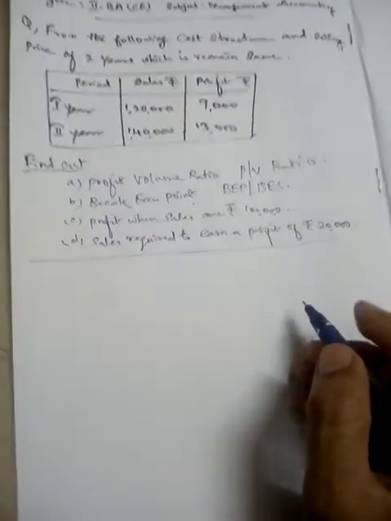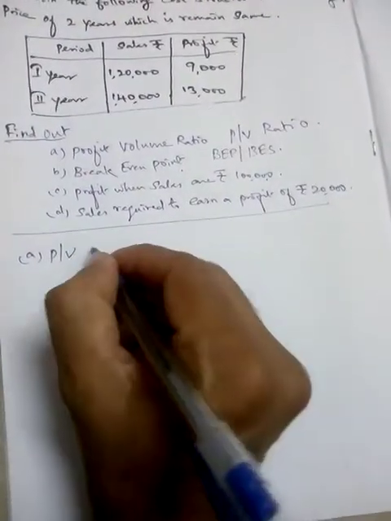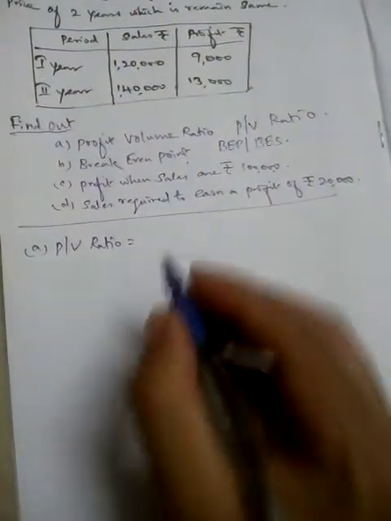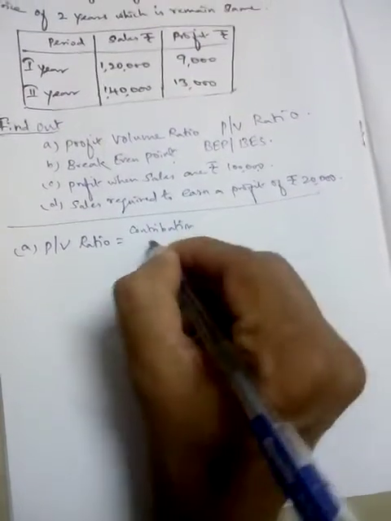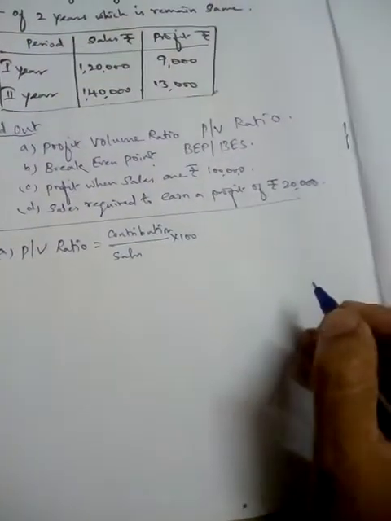Now the first one they ask is the PV ratio. What is the PV ratio formula? That is contribution divided by sales into 100.